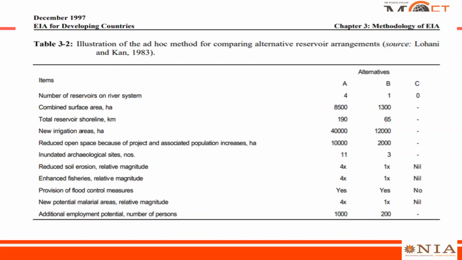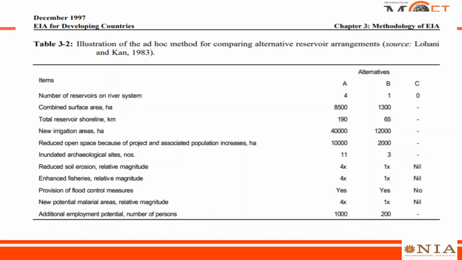Among A or B, they look at all the other parameters that have been listed here, right? For example, the surface area covered in A is about 8,500 hectares, while in B it is about 1,300 hectares only. The reservoir shoreline is 190 kilometers in A, but in B it is about 65 kilometers only.